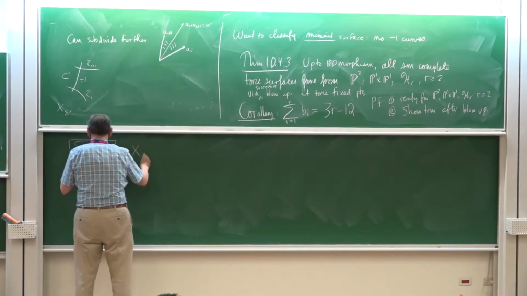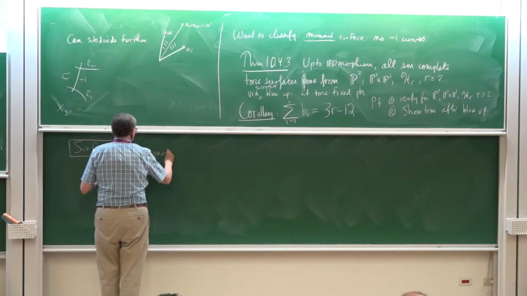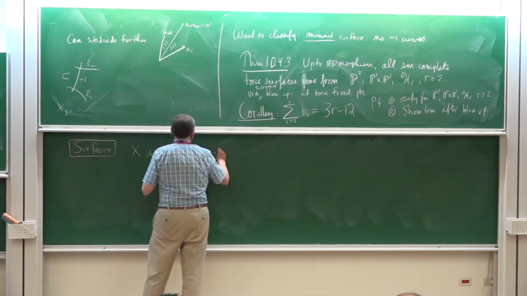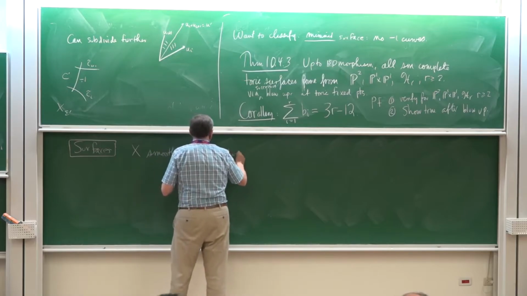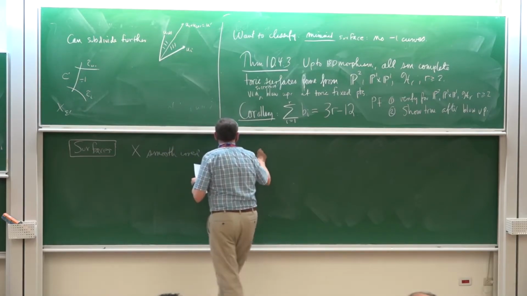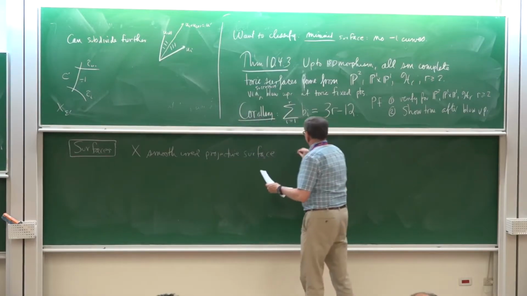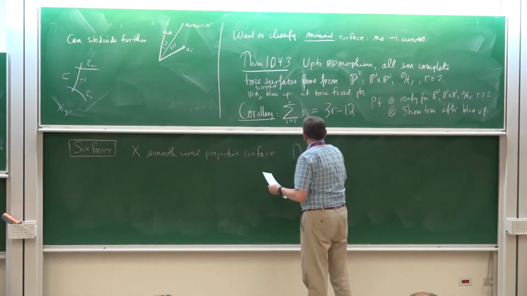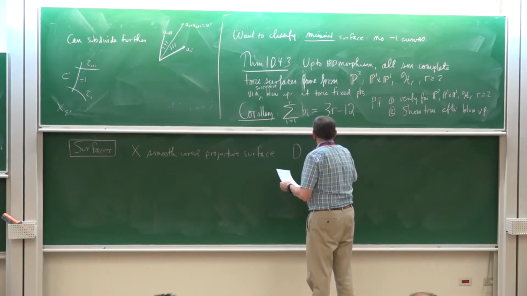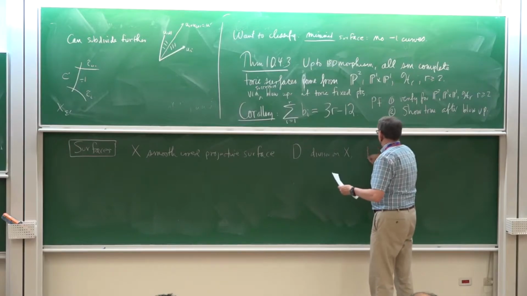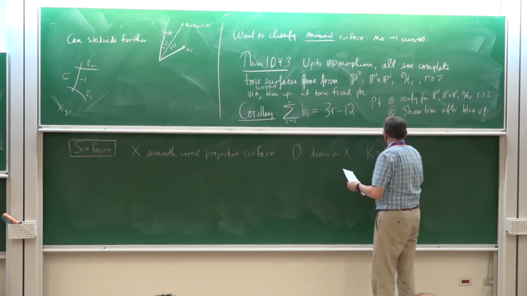Now let's suppose that X is a smooth, irreducible, projective surface. And so we have D as a divisor on X, and then we also have the canonical divisor.